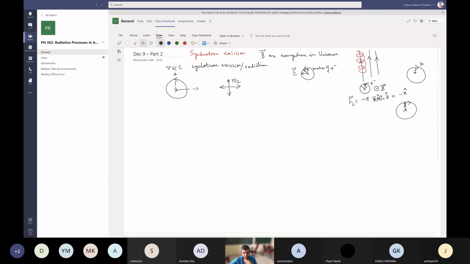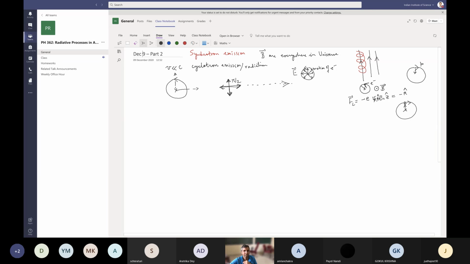The electron in this case will also go in a circular trajectory, and you can think of it as this dipole in the X direction and this dipole in the Y direction, and you just add these two dipole radiations with appropriate phase, and you get the answer. In fact, the answer that you'll get will be identical to the question that I had in the exam.